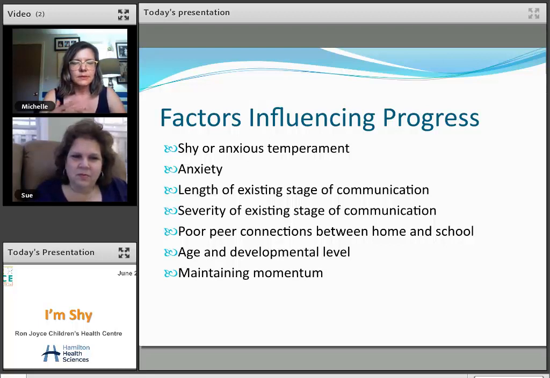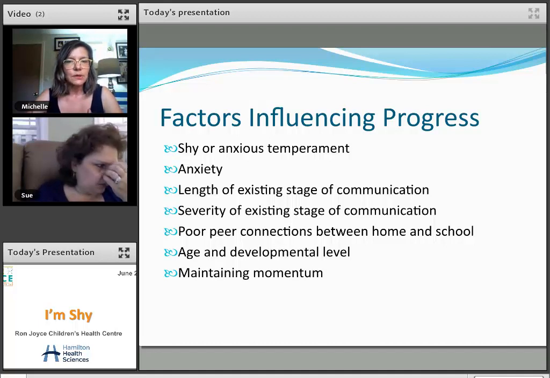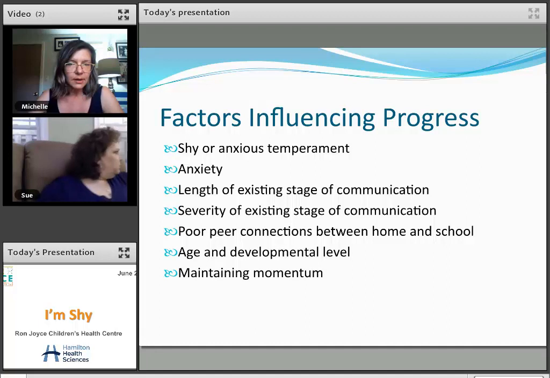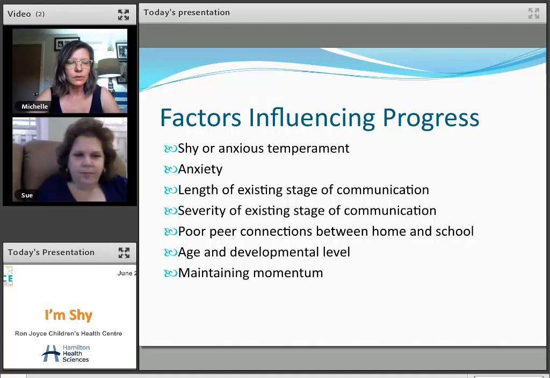So, as far as working with your child and getting them to a different stage of comfort with their speaking, there are things that are going to help progress, but also can deter progress. So it's something to be aware of. And you just may have to be extra diligent or just be aware that there could be some barriers, and this is why. So your child probably does have a shy and anxious temperament.